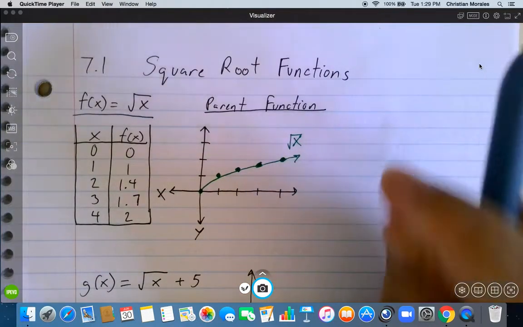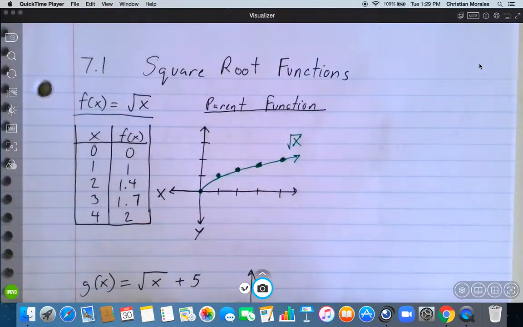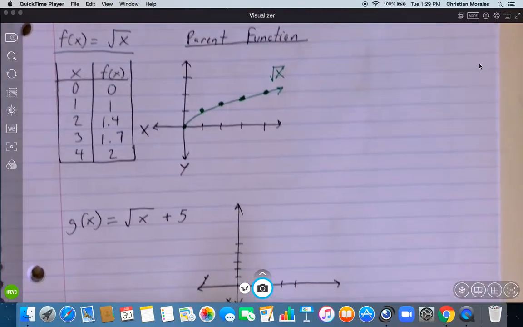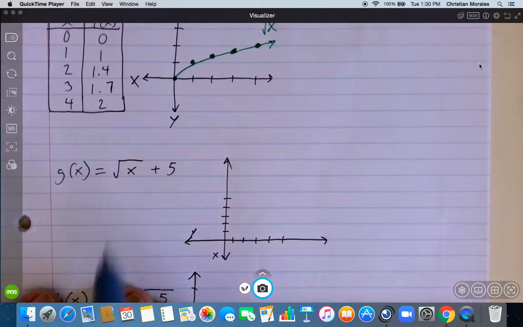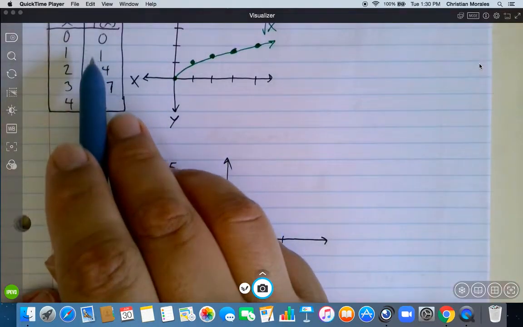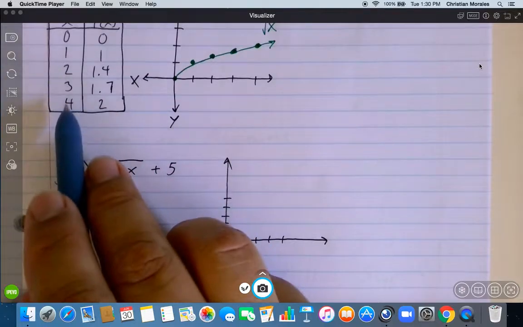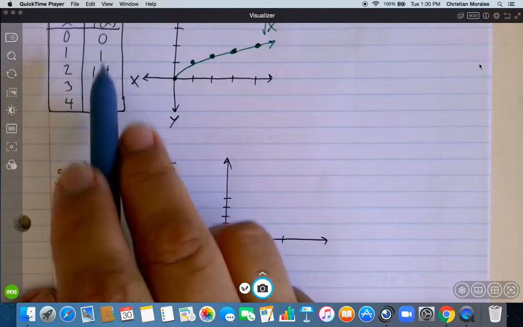All right, now let's talk about how it can be changed, how this could be moved. So what if I add something to the function like this? If I add something to the function, like a plus 5, all the inputs, all the numbers you plug in, you're going to take the square root, and then you're going to add 5 to all these numbers.